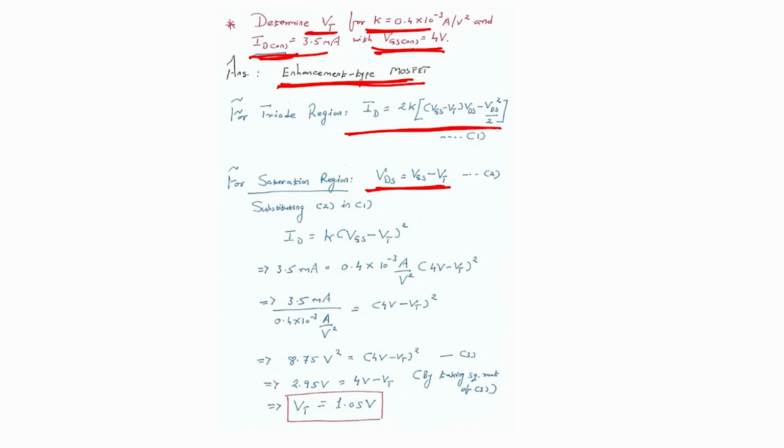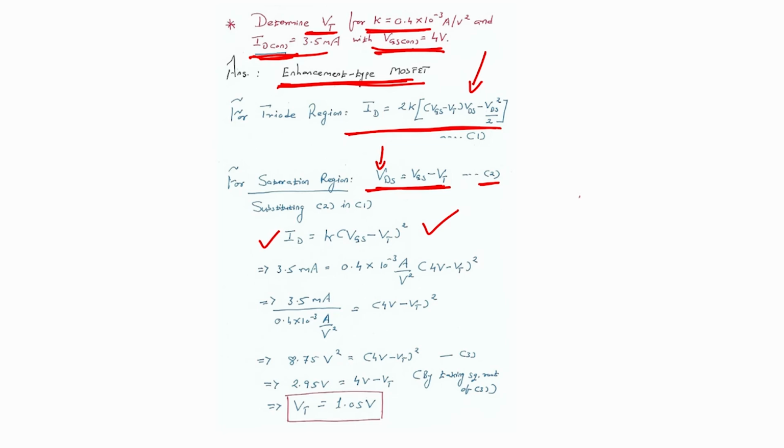So I will substitute this value of VDS into this equation. Substituting 2 in 1, I will have ID equals K times VGS minus VT whole square.